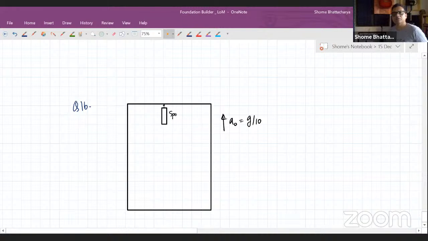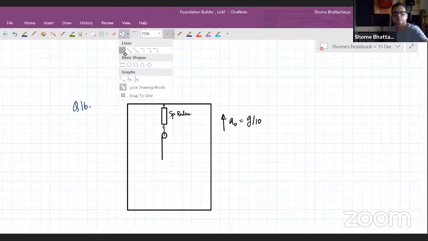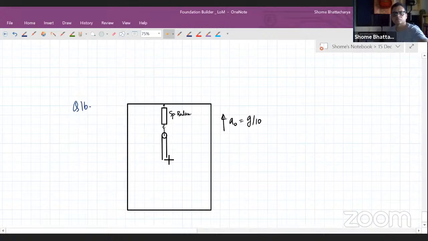Inside that we have the spring balance, and the spring balance is used to suspend a pulley system, which is further used to suspend a system of two blocks, like this.